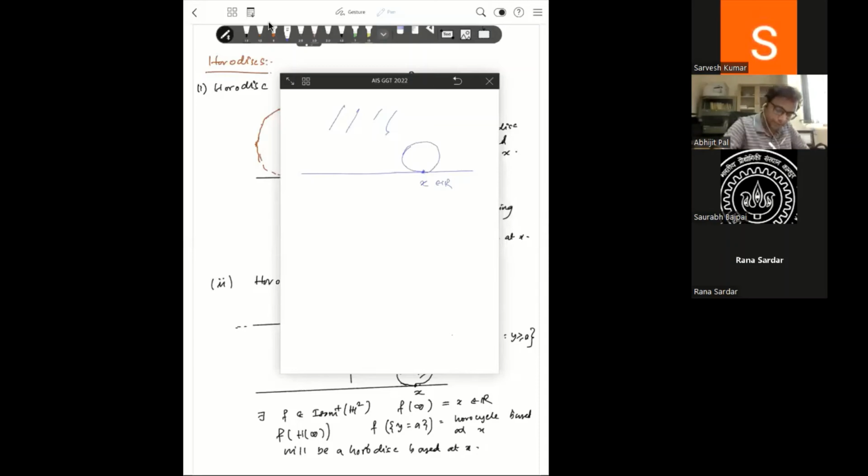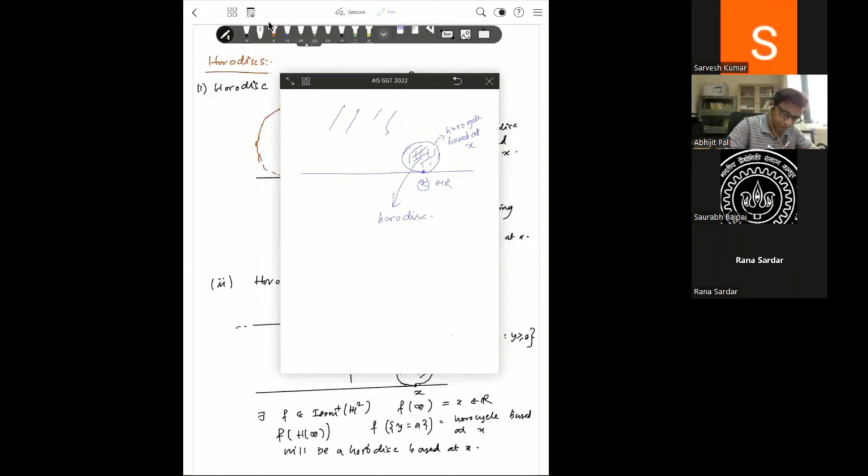This object will be called the horocycle based at x. Note that this point x is at infinity from the hyperbolic point of view, and the interior part I'll call the horodisk.